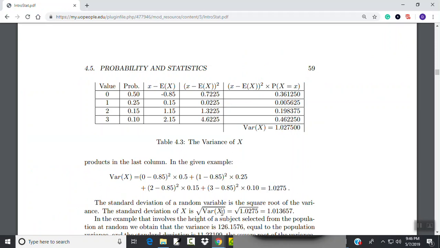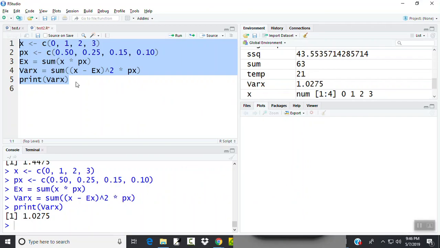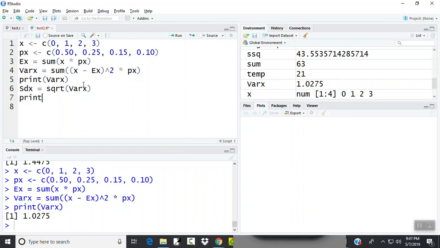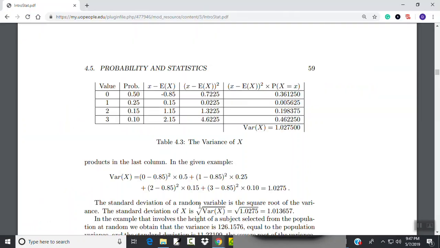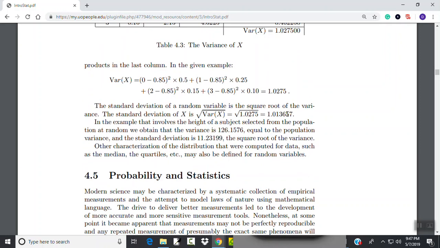Now our standard deviation, we just take square root of that. SDX equals square root of the variance. And then print my SDX. And that gives us our 1.01 so forth, which is this.